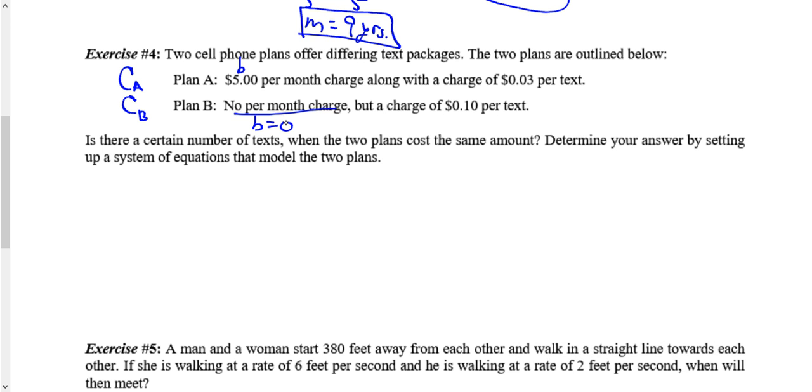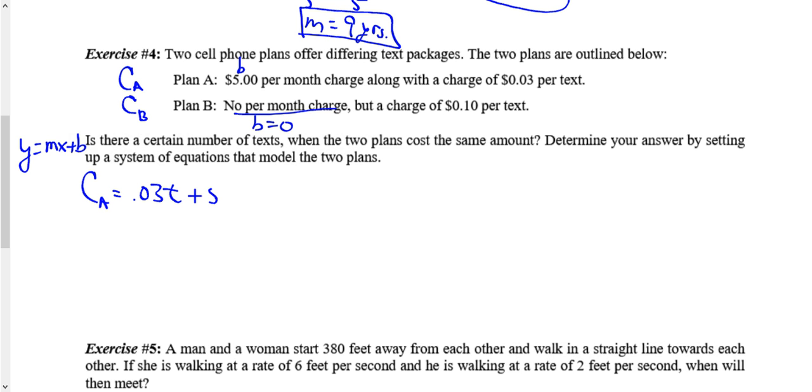Okay, so let's get an equation for the cost of Plan A. What would it be? We'll use T for the number of texts. Well, it's going to be like this, mx plus b, right? But instead of x, we're going to use T. C sub A equals, what's the M for Plan A? 0.03T, plus, what's the starting point?